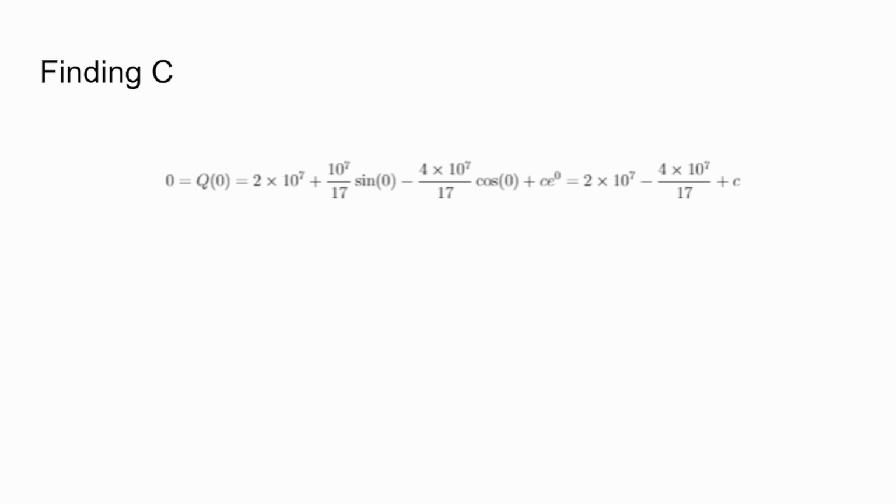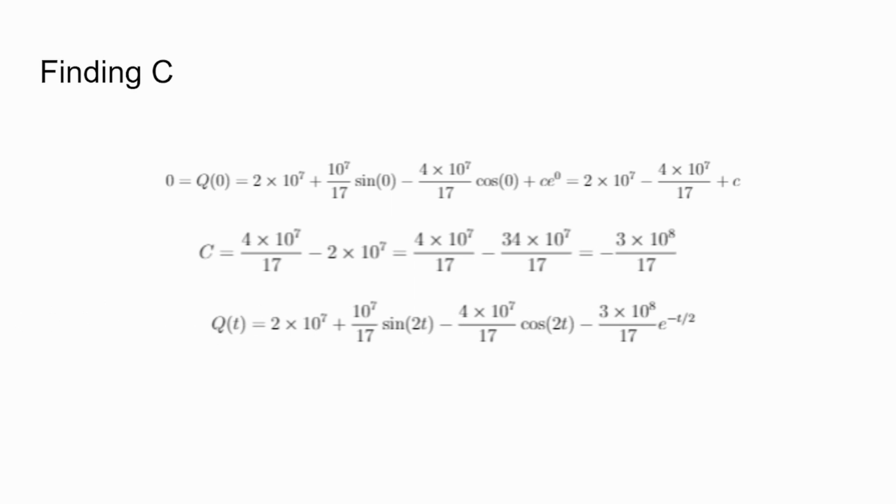We find c by plugging in 0 and setting that equal to 0, so we get this bit over here equals 0. So c is 4 times 10 to the 7 over 17 minus 2 times 10 to the 7, which is negative 3 times 10 to the 8 over 17. So that means our Q of t is this function down at the bottom.